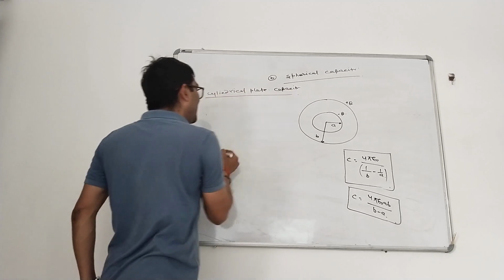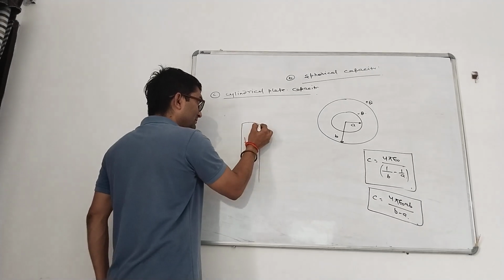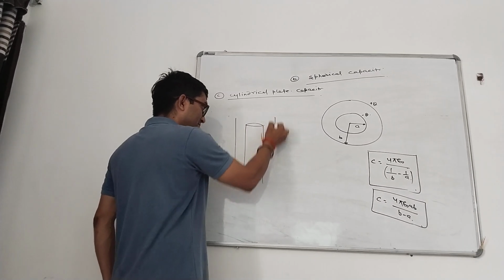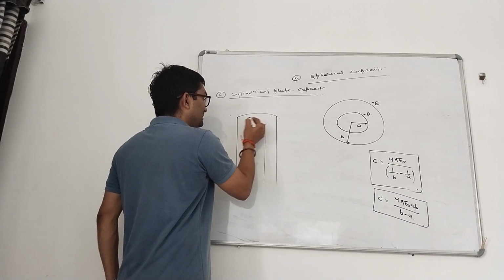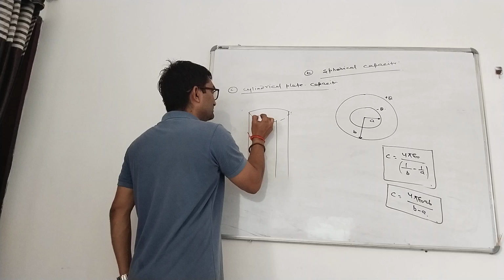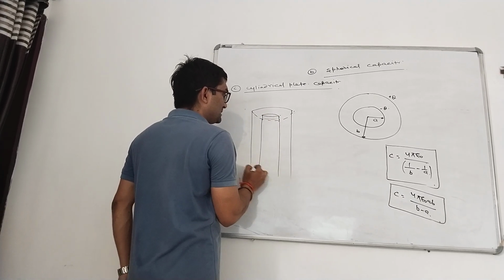So in a cylindrical plate capacitor, this is the first cylinder, this is the second cylinder.